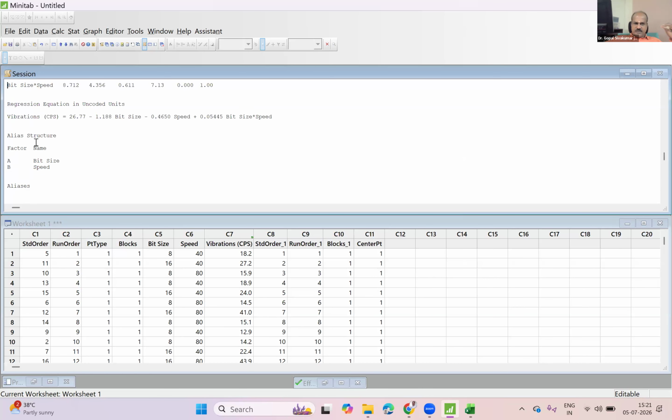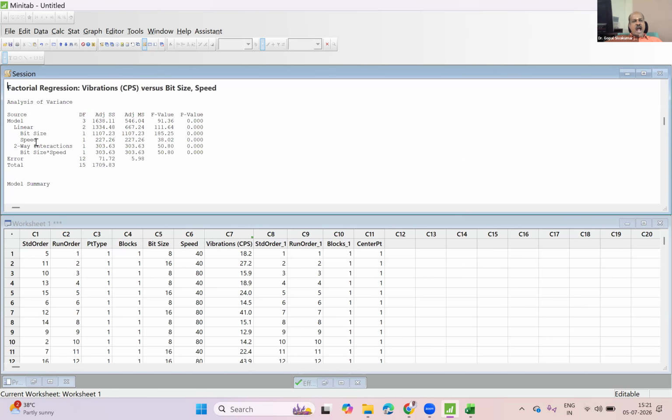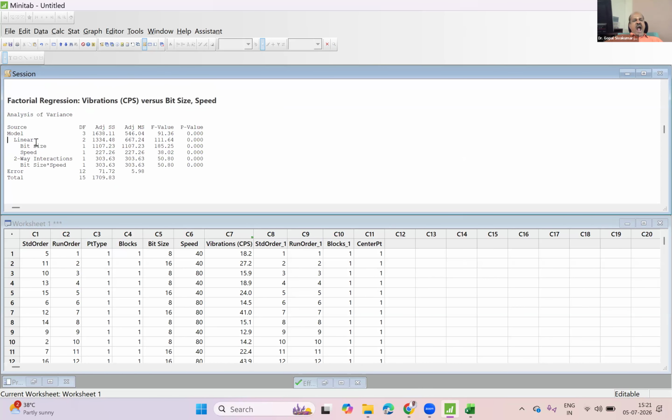Anyway, this is one way you can understand the significance. Another way you can understand the significance, you go to the ANOVA table. ANOVA table. Bit size. What is the associated p-value? 0. Is this significant? Significant or not?